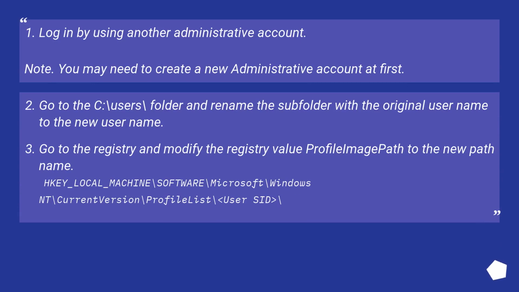Log in by using another administrative account. Note: you may need to create a new administrative account at first. Go to the c:\users\ folder and rename the subfolder with the original username to the new username. Go to the registry and modify the registry value ProfileImagePath to the new path name.